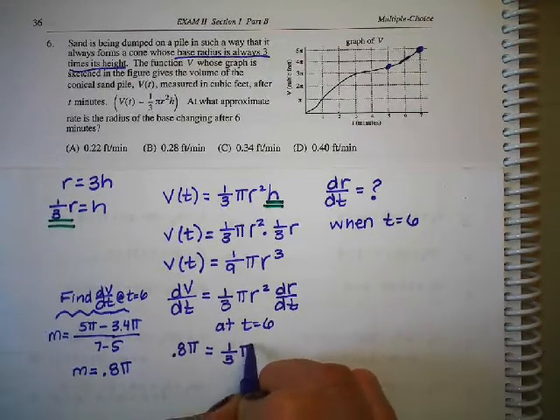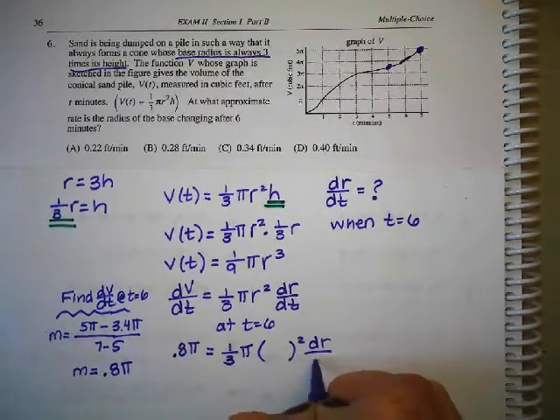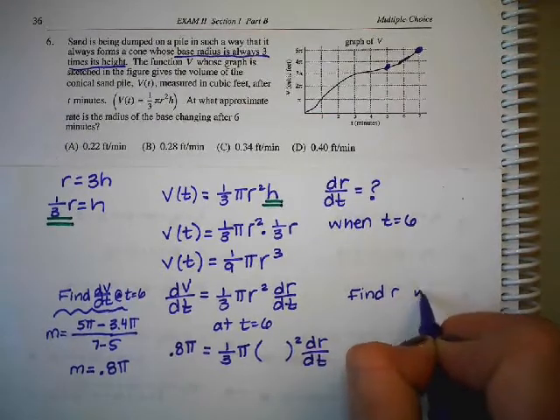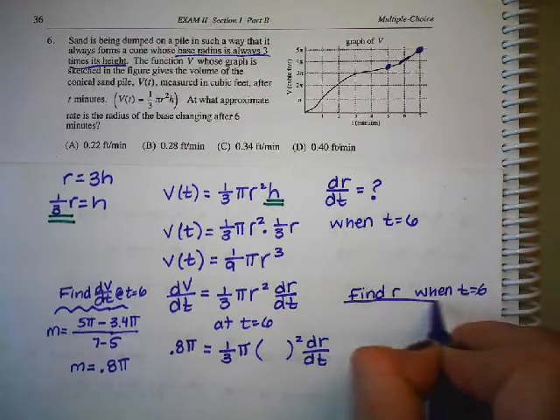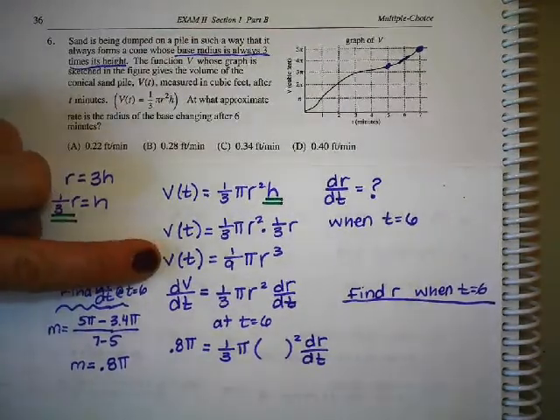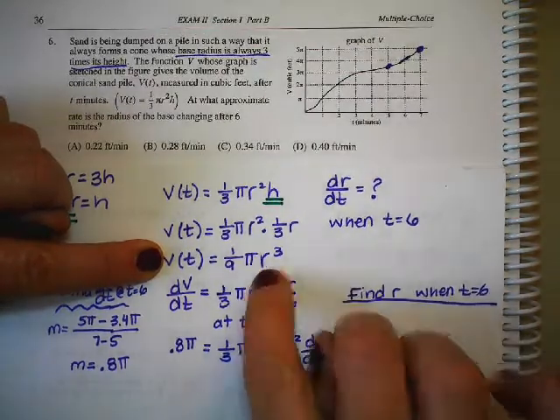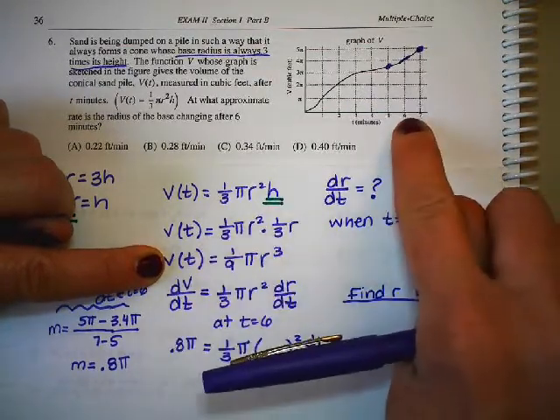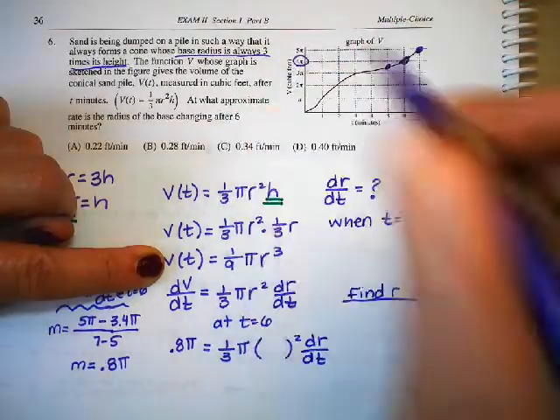1/3 pi. I need to figure out what r is as well and square it. So I need to find r when time is 6. That's the other thing I need to find. Well, I'm going to go into this volume function right here, and I know that that's the formula for the volume. And I need to figure out what r is at time is 6. Let's come up to our volume graph. And at time is 6, it looks like my volume is 4 pi.